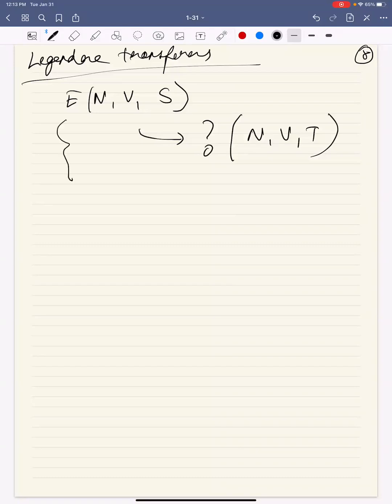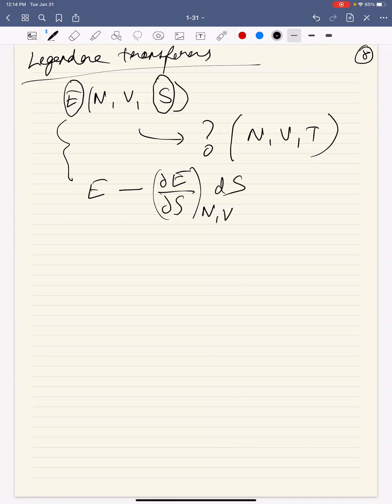The way it does it is to take E and subtract out the partial derivative of E with respect to the variable that you want to remove, partial derivative of E with respect to S at constant NV multiplied by S. This is temperature. So now this thing is E minus TS.